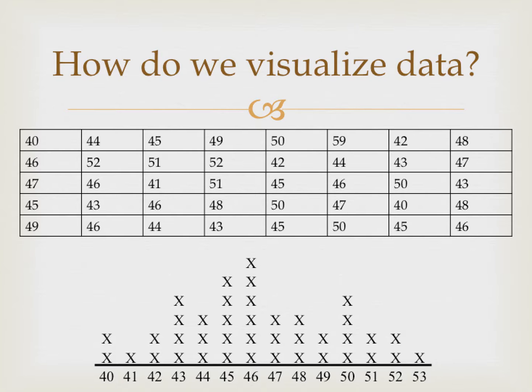Just alone from seeing this, you can see that 46 is the one that occurs the most frequently. It seems like they generally clump around there, but it is not perfect, where most people are 46, 45, 47. You see maybe 50 is a bit of an outlier there. But nonetheless, this is a pretty good way to start off visualizing data.